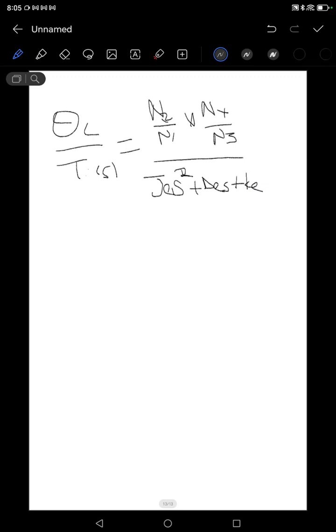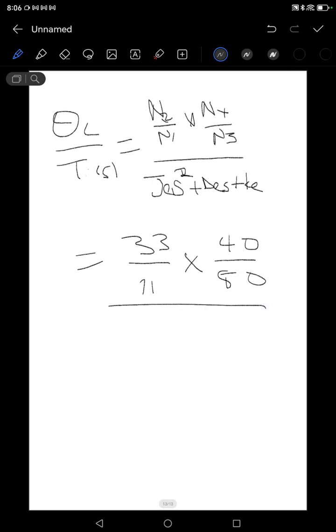So you're just going to substitute the values of JE, DE, and KE, and then substitute the values of the number of gears. For N2 it was 33, so it's 33 over 11 multiplied by N4, which is 40 over 50, all divided by JE. We were given J as 1, so it's going to be 1 s squared plus the damper.